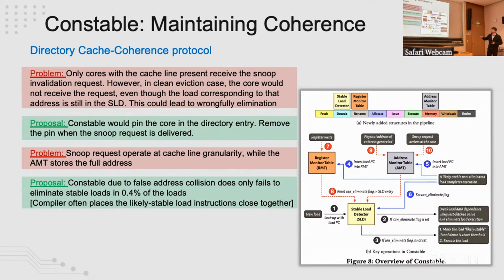The way that Constable resolves this issue is to pin the core in the directory entry and remove the pin when the snoop request is delivered. That way, it can ensure that the snoop request reaches this core and the Constable structure, so the address monitor table can detect it and reset the eliminate flag.